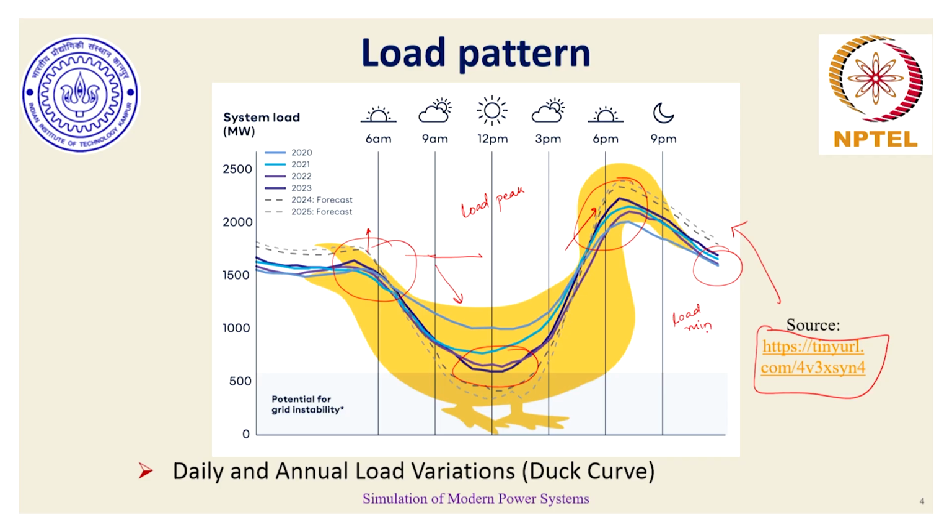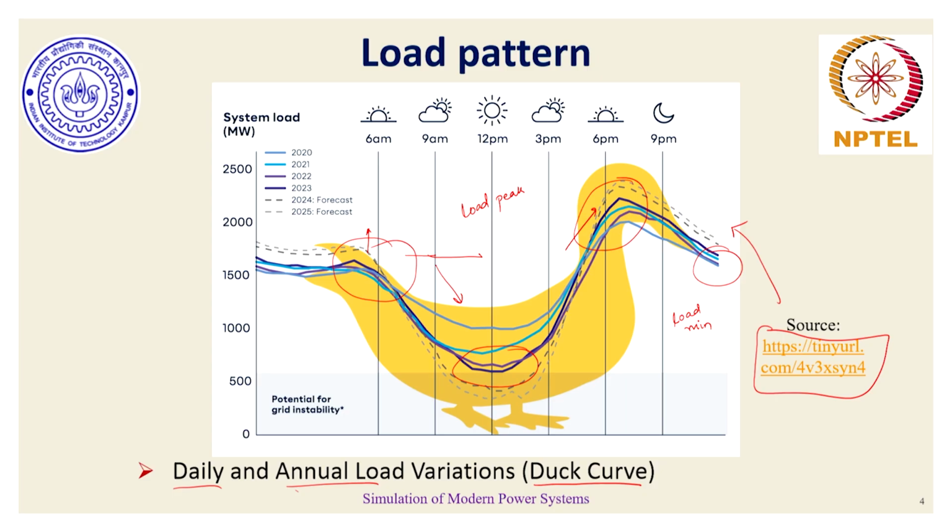If I have to replicate the two peaky behaviors and two dip behaviors with this duck that I have drawn, it very well fits the shape, and that is why daily or annual load variations for a community, residential complex, country, city, nation, state, we electrical engineers call those curves a duck curve.